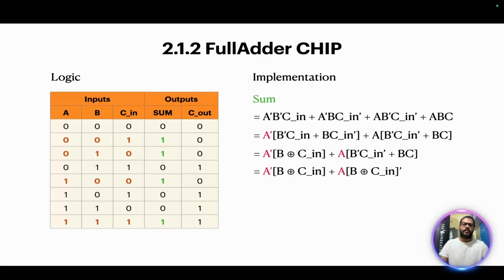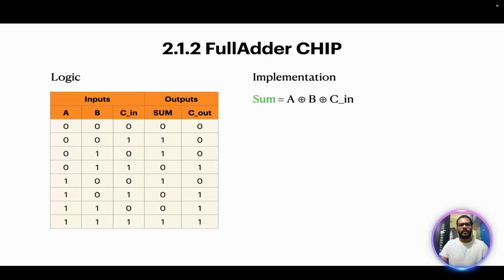I'll just call B XOR C in as P, and you get A dash P plus A P dash, which is nothing but A XOR P. But P is B XOR Cn, so the sum is nothing but A XOR B XOR C.